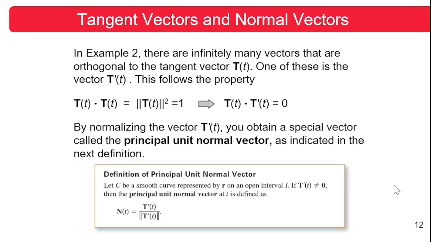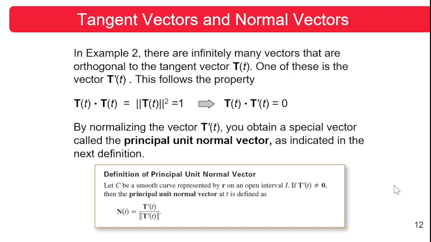We have learned from our previous discussion how to find the unit tangent vectors. And from those examples, there are also infinitely many vectors that are orthogonal to the tangent vector T(t). One of these is the vector T'(t).